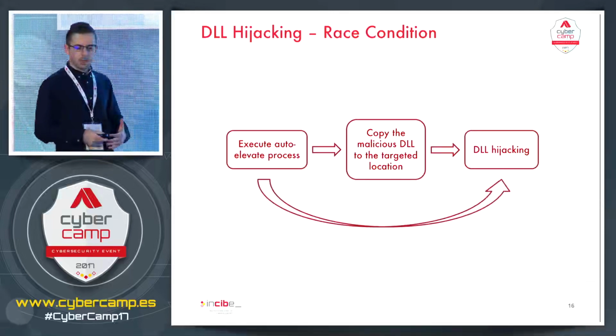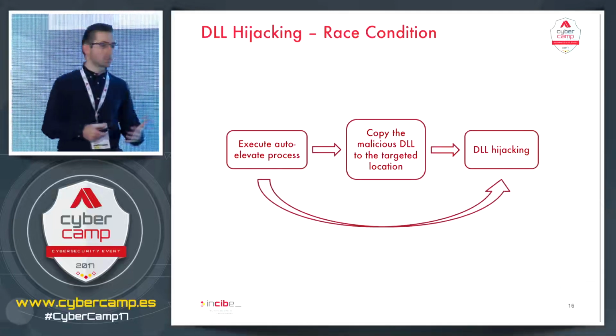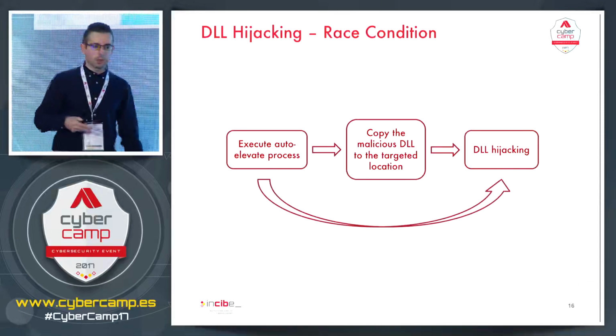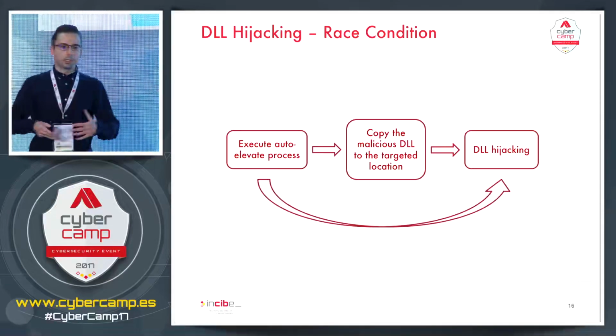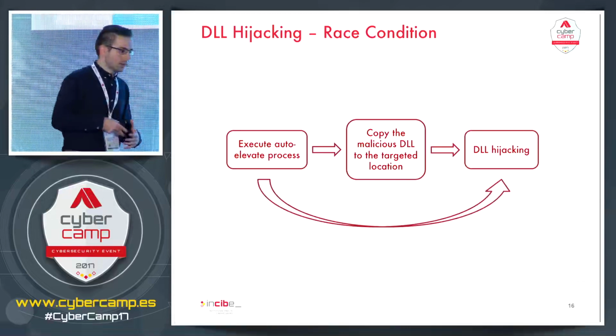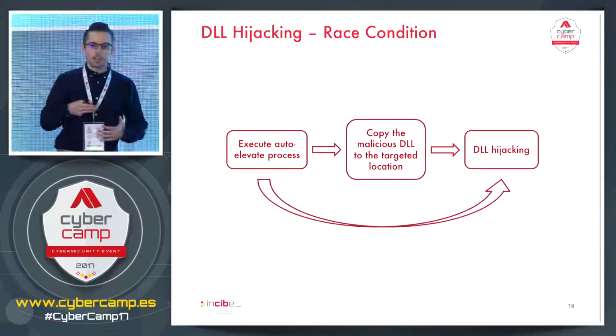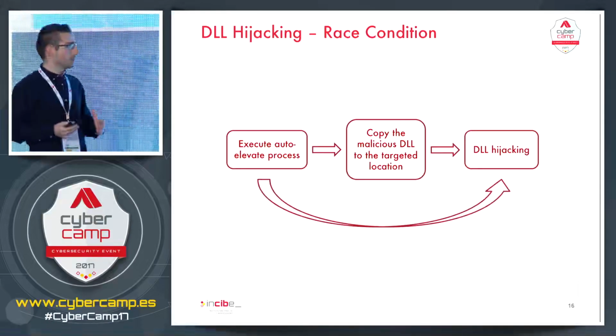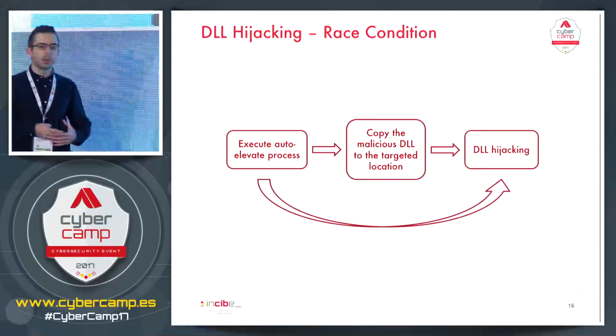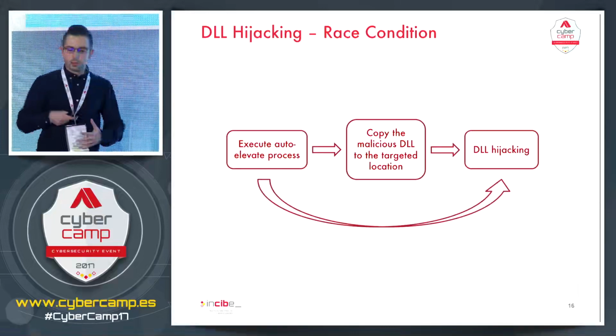Another example for this kind of attacks is the so-called race condition attack. Here we try to run a process that creates or uploads DLLs that may be overwritten so that we overwrite the last one of all.